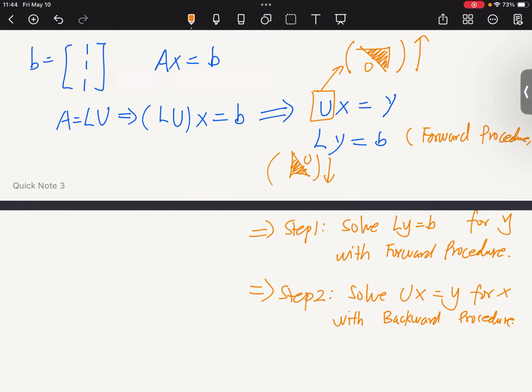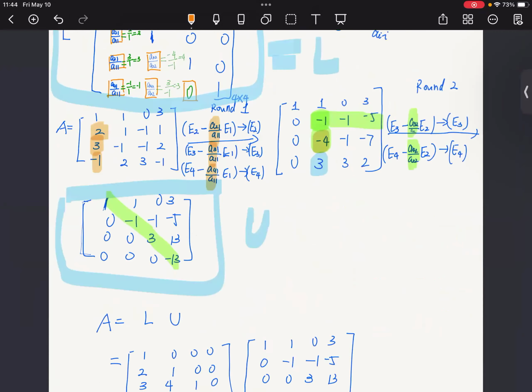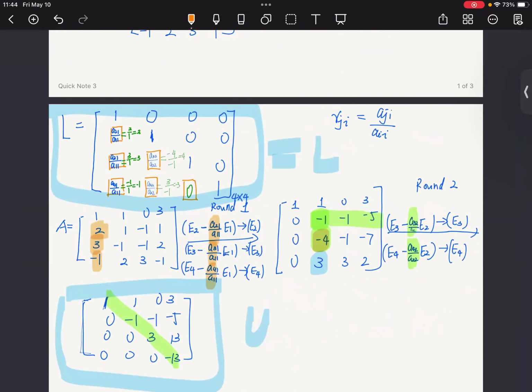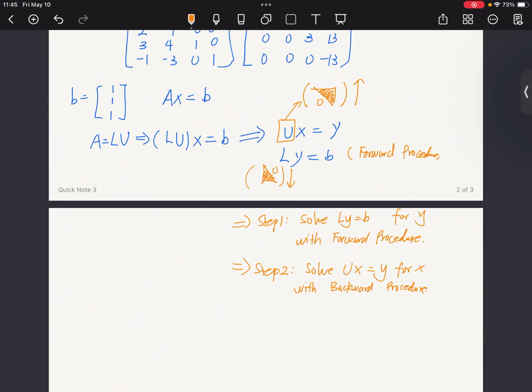Does it make sense? So for the LU factorization, you will see there are two parts. The first part is just the Gaussian elimination. So we just need this part of the operation for the LU factorization. Once you get the LU factorization, you need to solve the system with the backward procedure and forward procedure. That is why we have this many operations here.